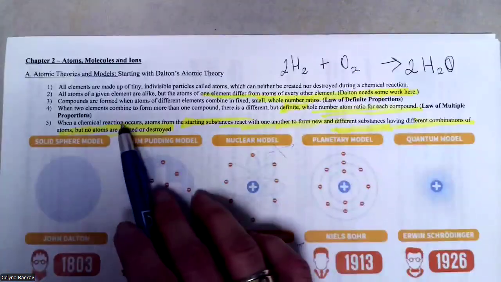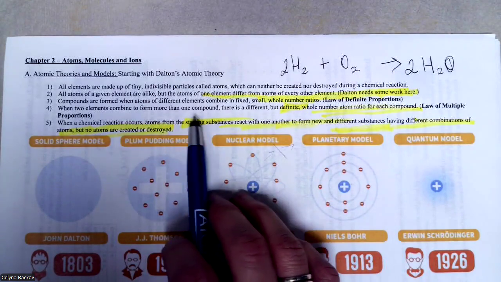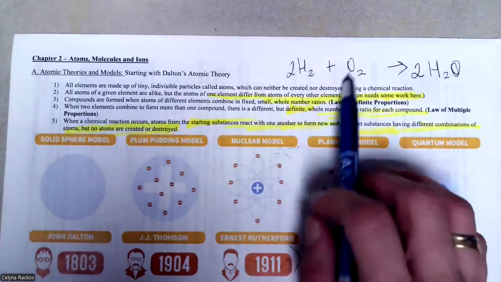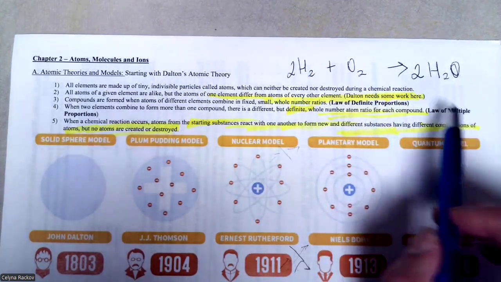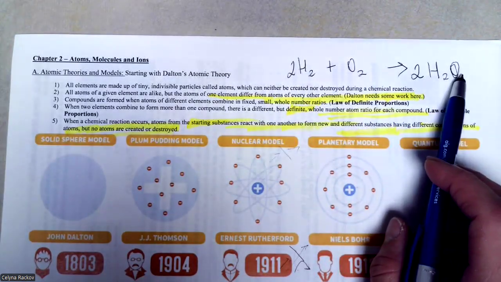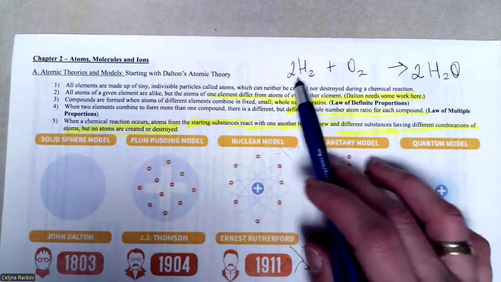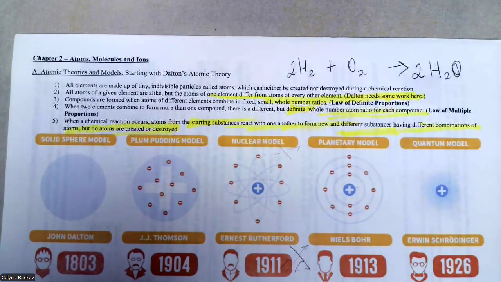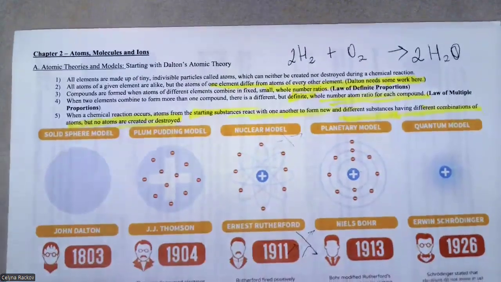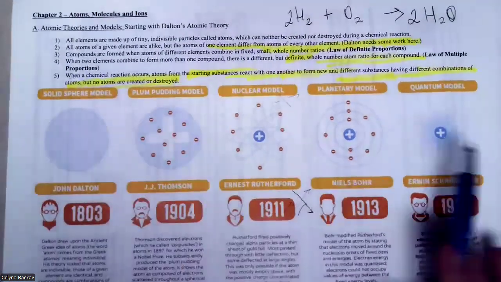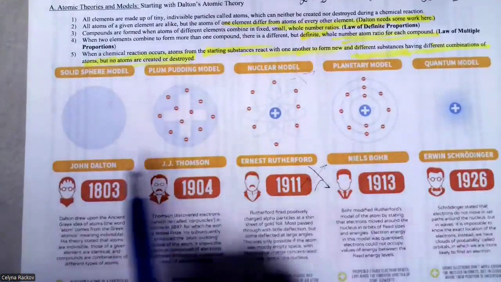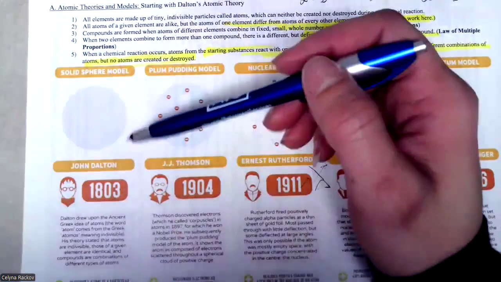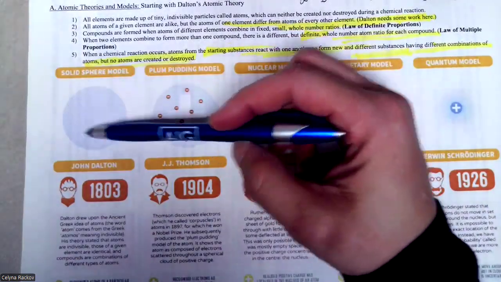That is what it says here. In a chemical reaction, the atoms from the start react with one another to form new, different compounds with different combinations of the atoms, but the atoms are not created nor destroyed. Okay, so 5 different models here. The first one, Dalton, thought the atom was a solid sphere.